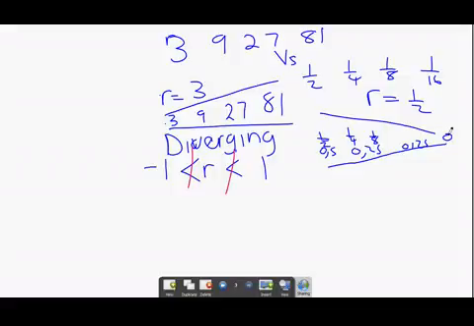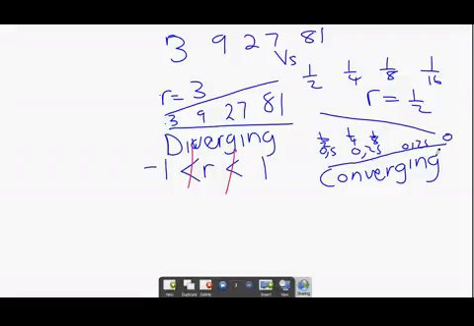Which means that our sequence is converging. It's coming towards one number. If you keep going, you end up getting the same number, which in this case is 0. So this sequence is converging, and the numbers are coming together. All the numbers are going to become 0.